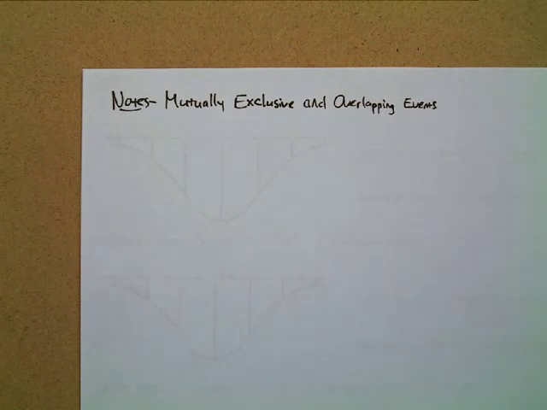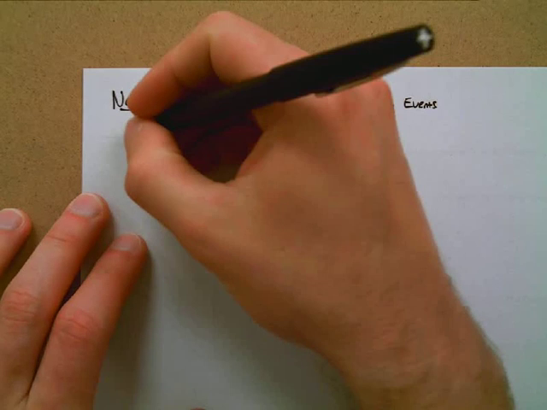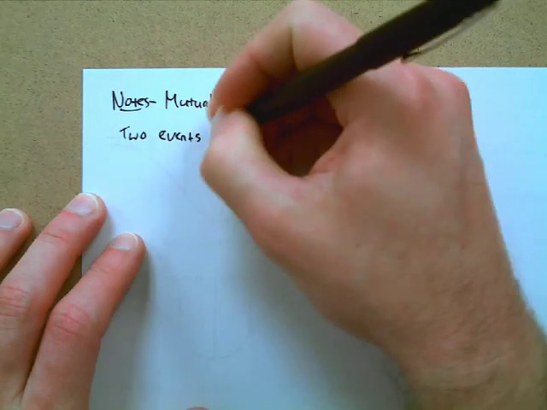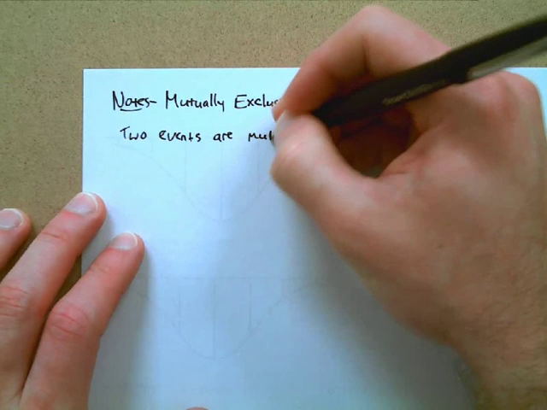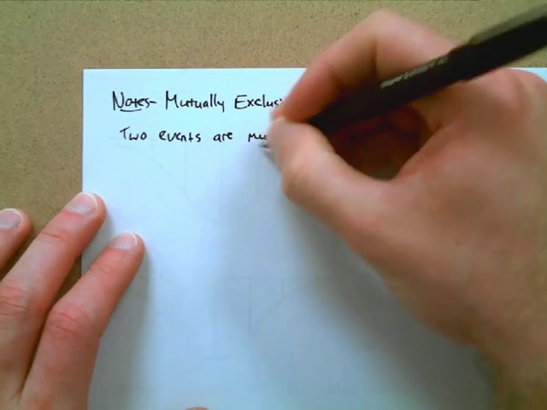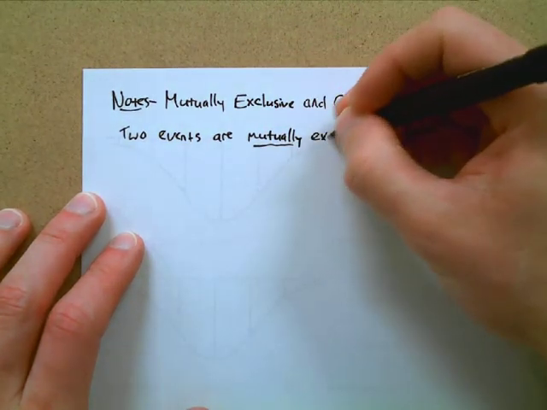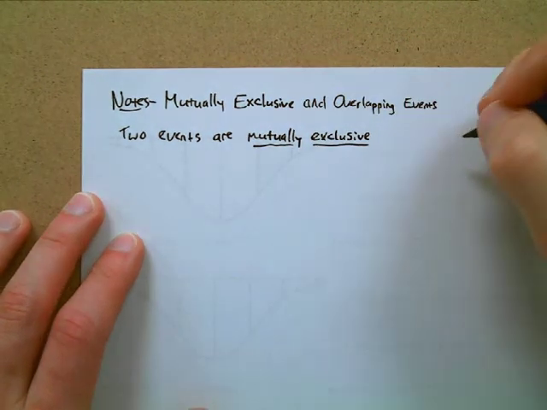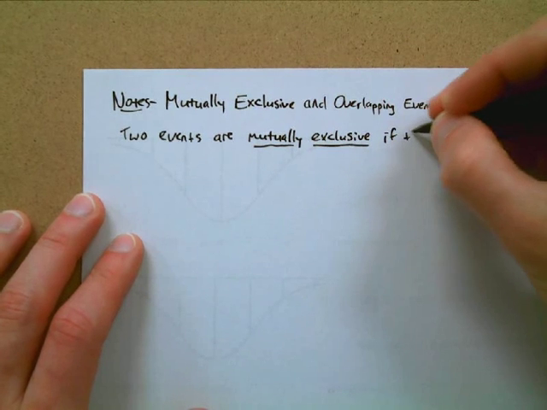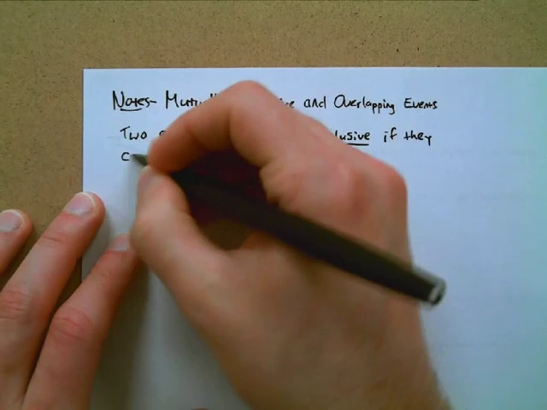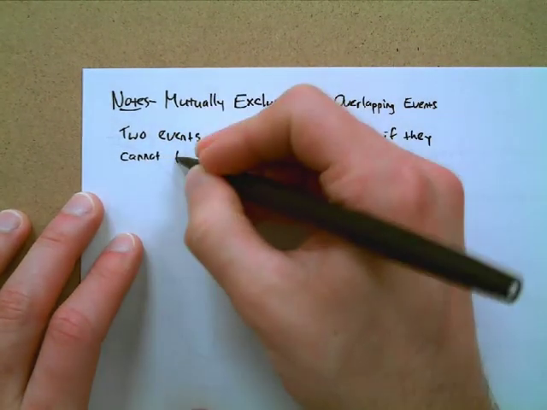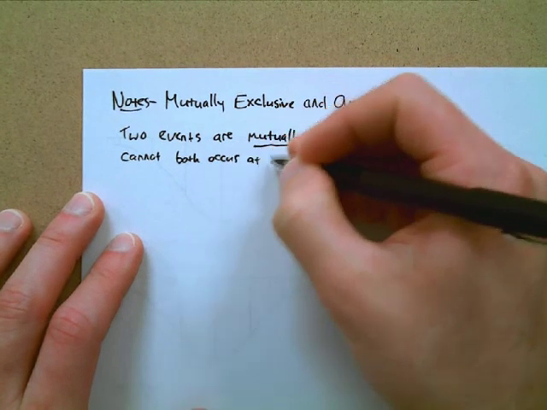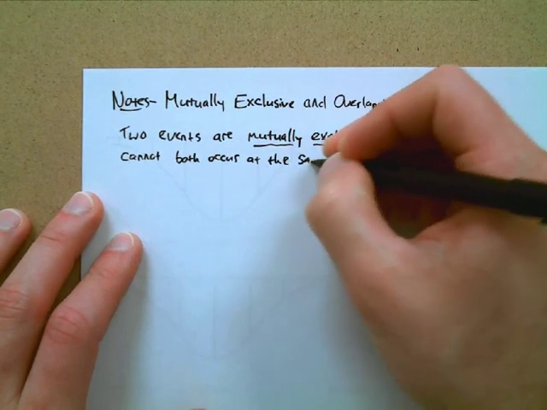Two events are mutually exclusive if they cannot both occur at the same time.